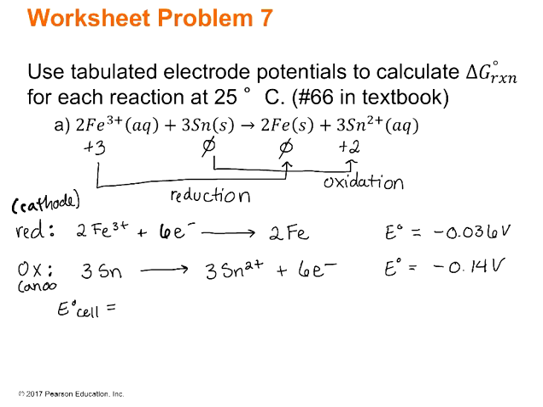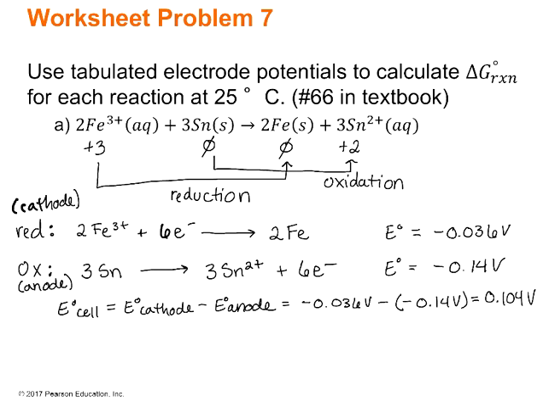The anode. All right, so we'll take the cathode value, negative 0.036, and subtract the anode value, which is negative. So negative 0.036 plus 0.14 will give us 0.104 volts.